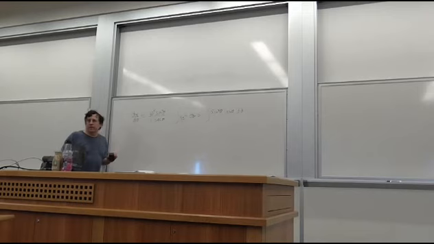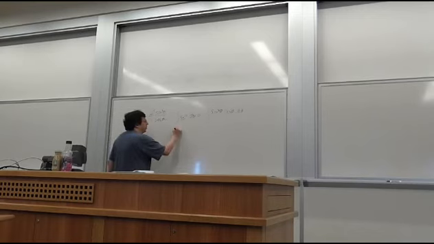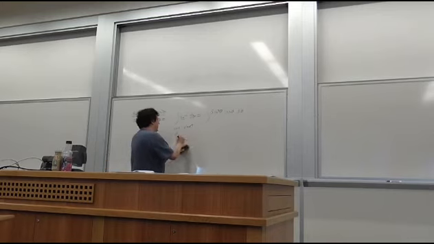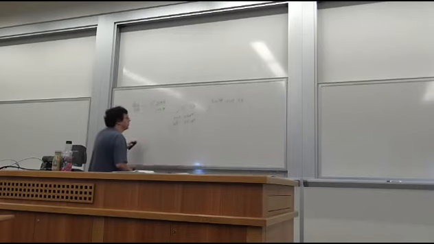I love the way this French professor would say, well, it smells like integration by parts. So we say u equals y, and v prime equals e to the minus y, and u prime equals 1, and v is equal to negative e to the negative y. So, since I have all this board space, I'm just going to take it up.